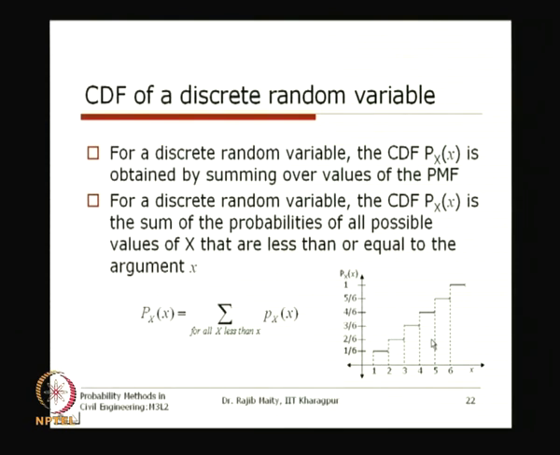So in this class what we have seen is the distribution of a particular random variable, and this random variable can be discrete or continuous. In the next class we will also see one example of a mixed random variable, which we mentioned in the last class, and how to handle the PDF and CDF for the mixed random variable as well.